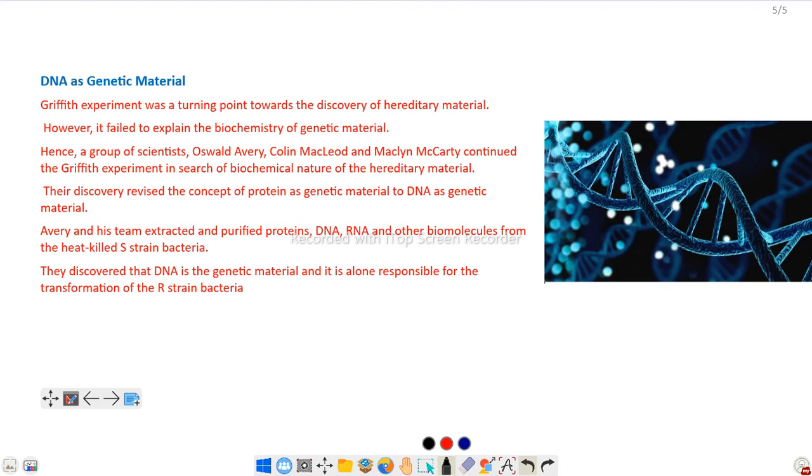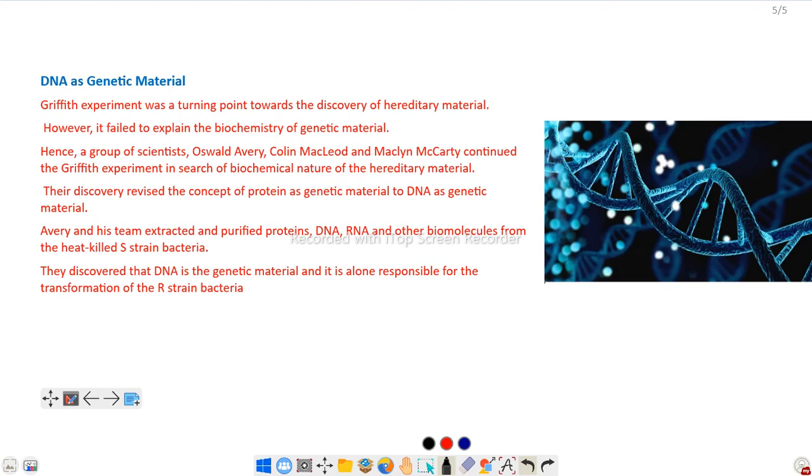These three scientists started the experiment where Griffith left off. Avery, MacLeod and McCarty continued the Griffith experiment in search of the biological nature of a hereditary material. Their discovery revised the concept of protein as genetic material to DNA as genetic material.